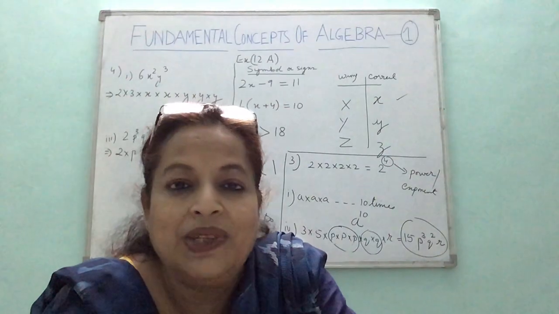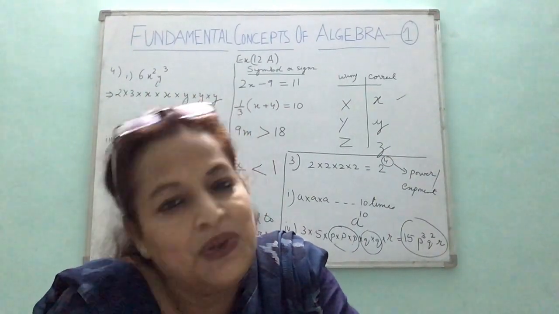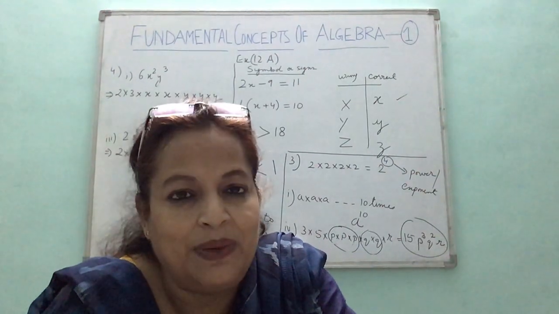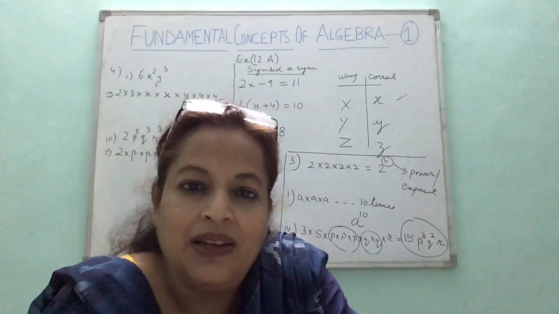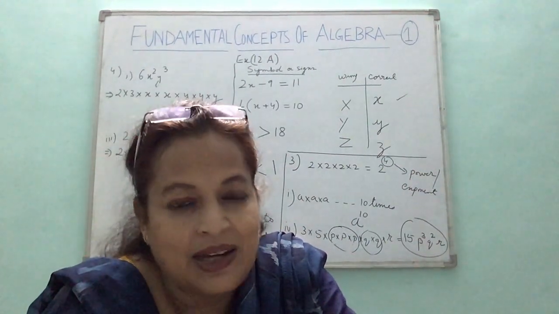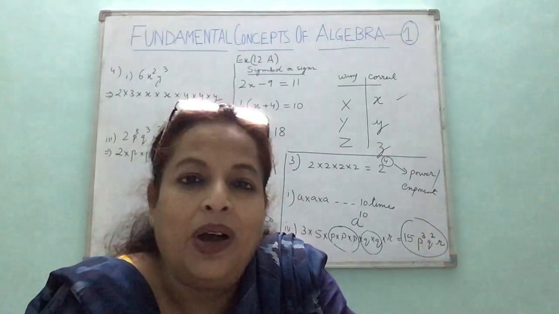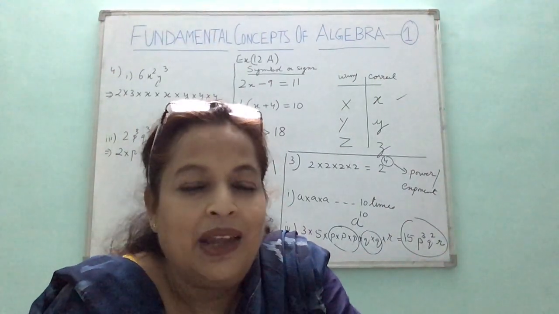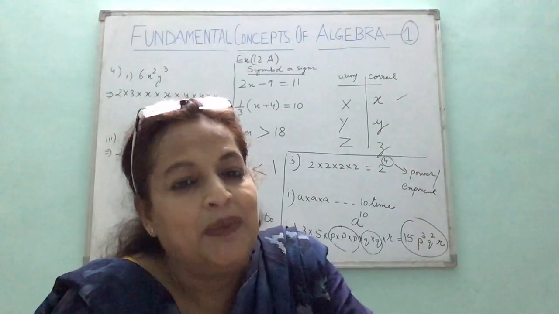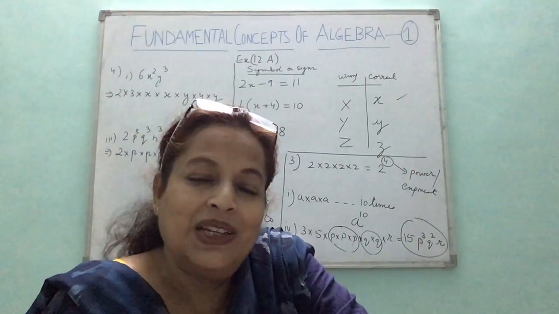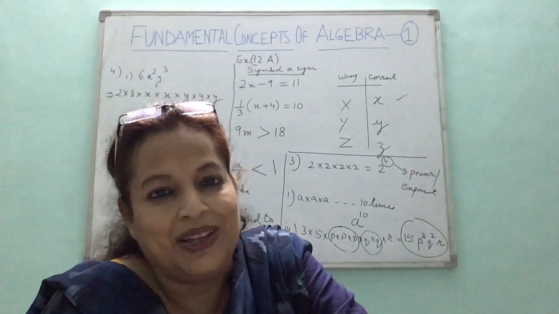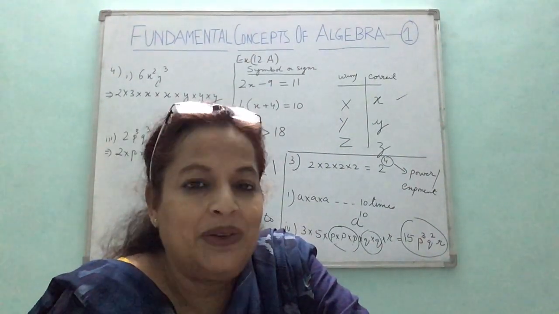When we use alphabets, usually x, y, z, a, b, c, d, but for that matter any alphabet can be used to represent numbers, then we call those variables. And I have told you in my video why they are called variables. And the numerals are called constants. So that branch of mathematics which uses variables and constants is together known as what?